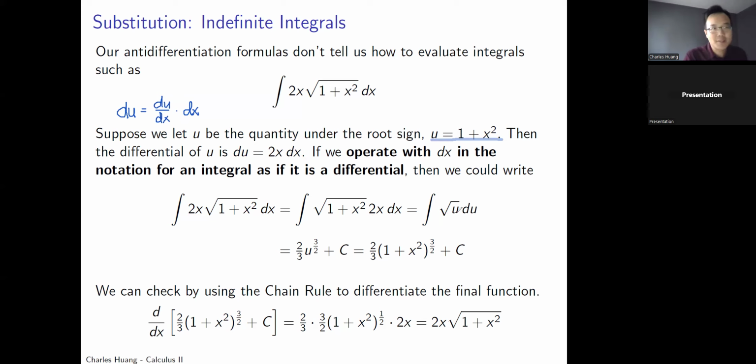We treat this square root of u as u to the power of 1/2 du. Right, and when I find the antiderivative of that, remember that we are taking the power and adding 1 to it. So 1/2 plus 1 is 3/2. So that becomes 3/2.